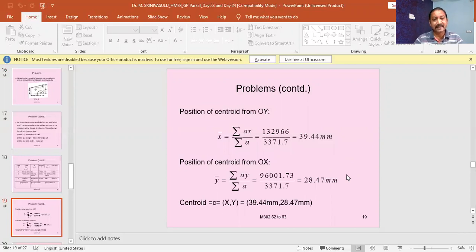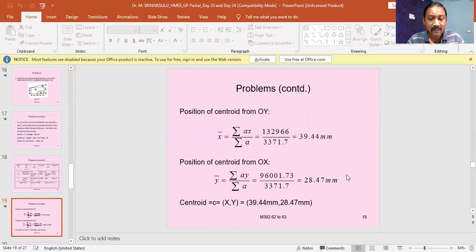Now we can find out the values of x bar and y bar as per the formula. So x bar is equal to sigma ax by sigma a, that is equal to 132,966 by 3371.7. It is becoming 39.44 millimeters. And y bar is equal to sigma ay by sigma a. It is becoming 96,001.73 by 3371.7.